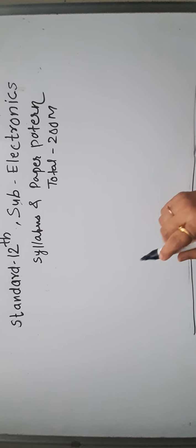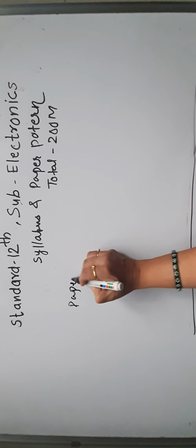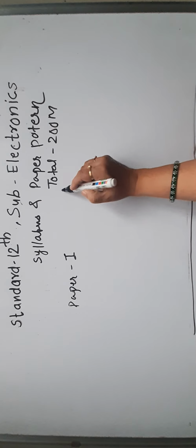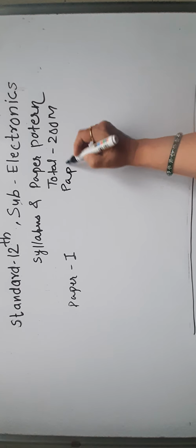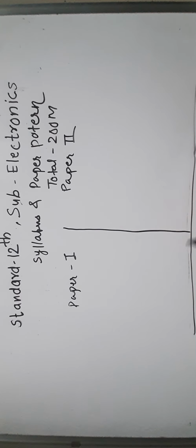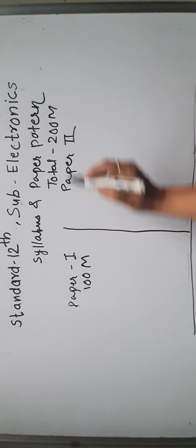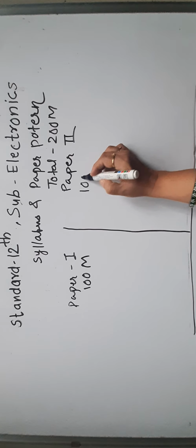They are distributed in two parts, paper 1 and paper 2. We can call it section 1 and section 2. Paper 1 for 100 marks, paper 2 for 100 marks.